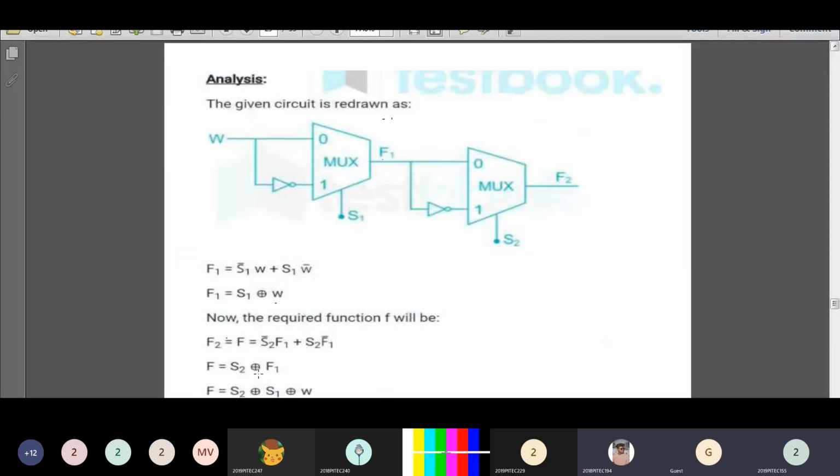Here you have to substitute the F1 value. F1 is equal to S1 XOR W. So substituting S1 XOR W, you will get your answer: S2 XOR S1 XOR W. This is your answer.